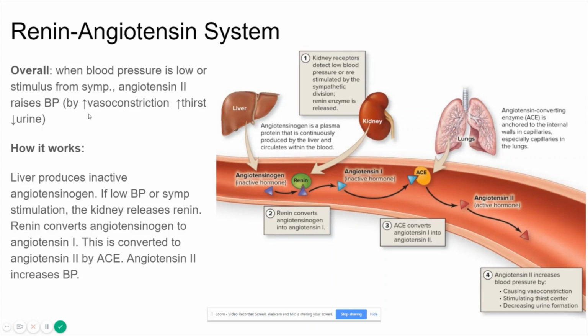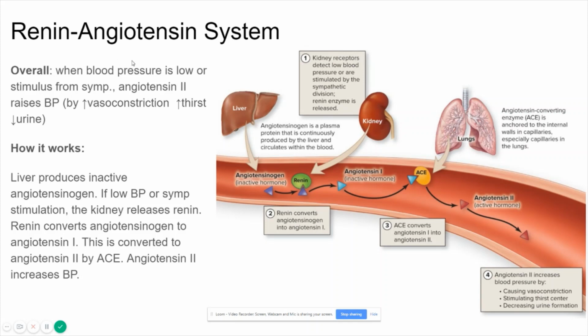And it does so by constricting your blood vessels, by increasing your thirst, and decreasing your urine output. Just to review that, increased thirst means you drink more. That adds more volume to your blood. Higher volume means a higher blood pressure. You decrease your urine, it means you're getting rid of less of that volume, and so you're going to retain more volume. And again, high volume is high pressure.